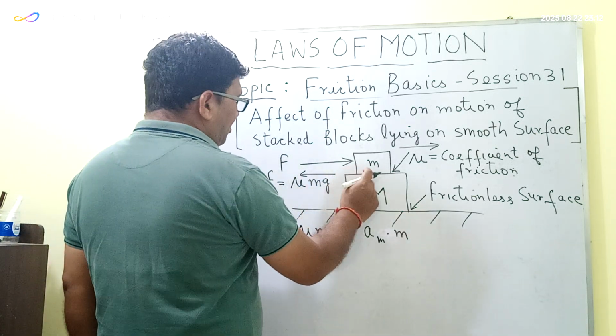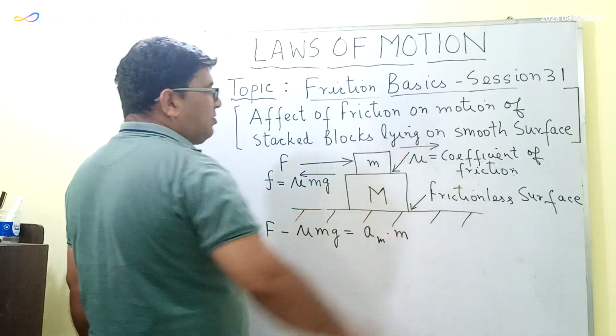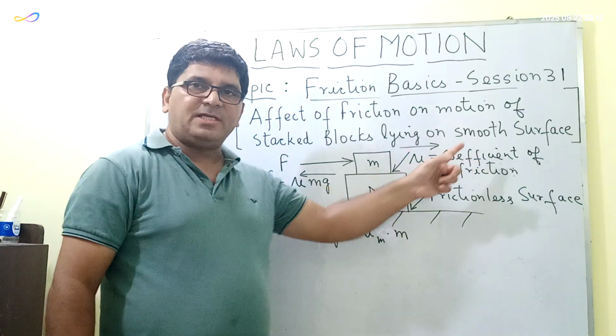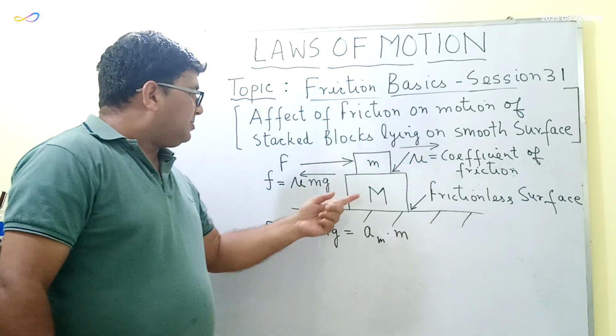Now since this block has got a tendency of moving in the forward direction as indicated by this arrow due to the application of this force F, therefore what will happen?